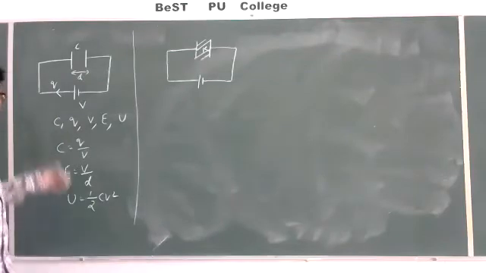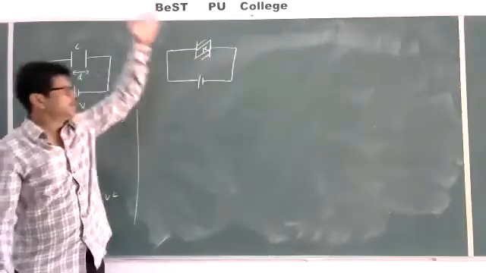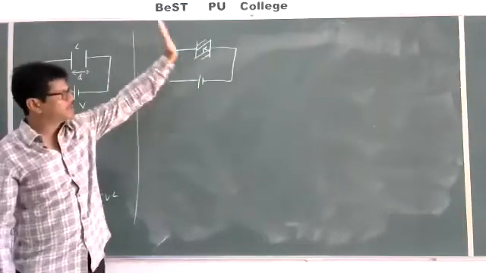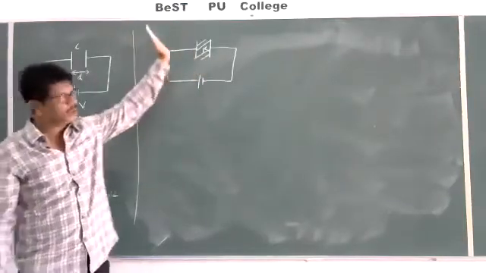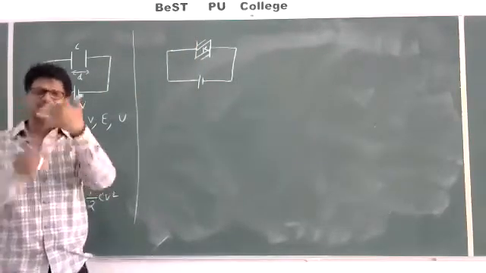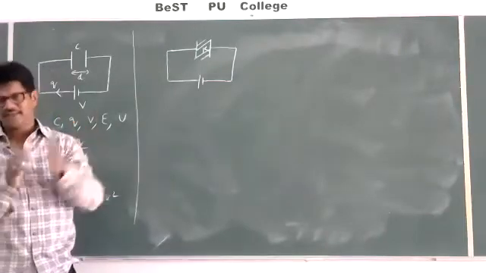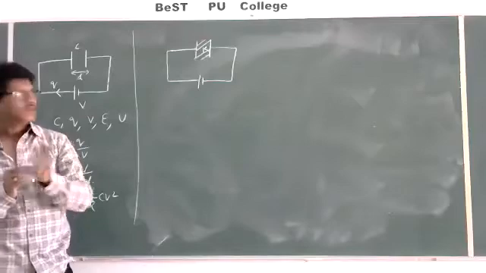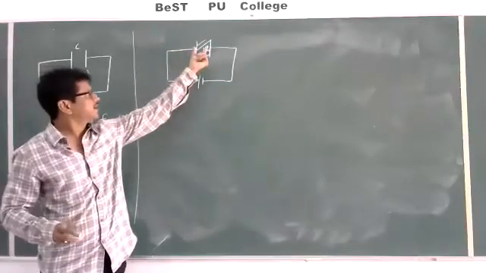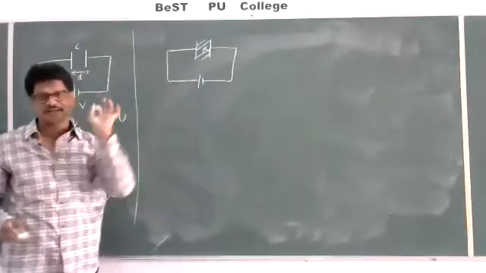Then he is asking what will be the new capacitance, the new potential difference, the new charge, the new electric field, the new energy stored. How does it vary? Will it increase or decrease? So we are inserting a dielectric between the two plates completely without disconnecting the battery.